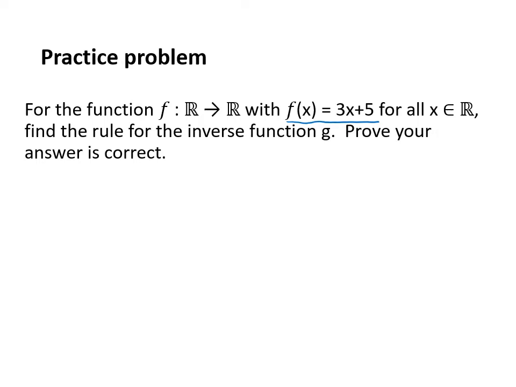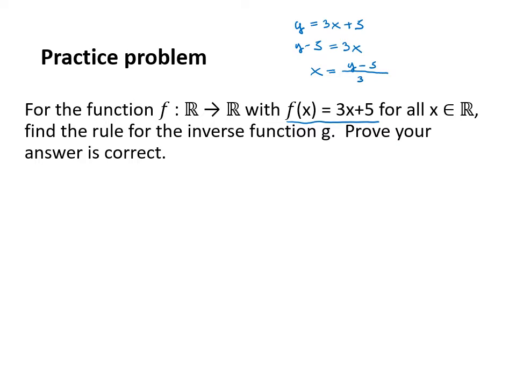So let's first find what g would be. We have f of x is equal to 3x plus 5. So let's say that y is equal to 3x plus 5. From that, we get that y minus 5 is equal to 3x, or x is equal to y minus 5 divided by 3.